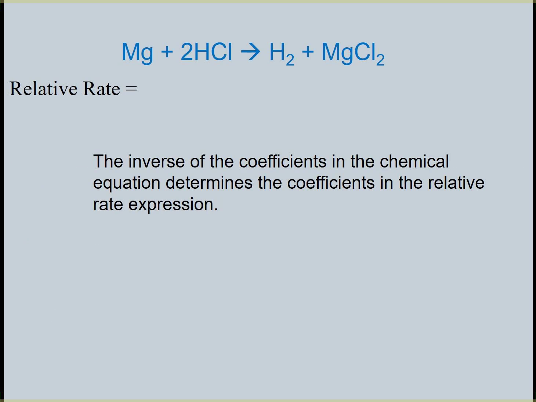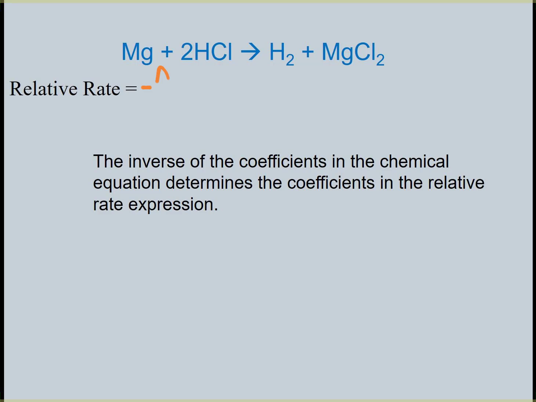Let's look at something that's called the relative rate. In relative rate, you compare each reactant to other reactants or to the products. And you set it up by looking at the coefficient and taking the inverse of the coefficient. So looking at magnesium solid, this is my reactant. And I know it's going to disappear in the reaction, so I'm going to put a little negative sign.